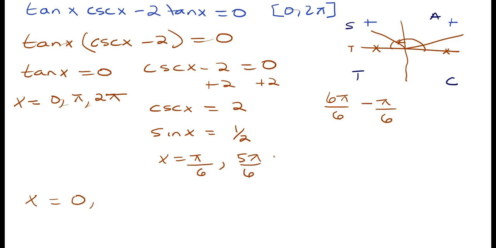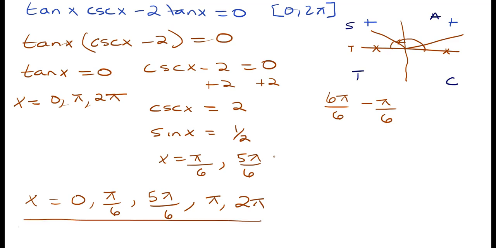Remember I told you I like to write them in increasing order. 0, then we have pi over 6, then 5 pi over 6, then pi, and then 2 pi. So this is going to be the answer for the values of x within this given interval that satisfy this equation. So this is really how simple it can be whenever you're trying to solve this type of equation.